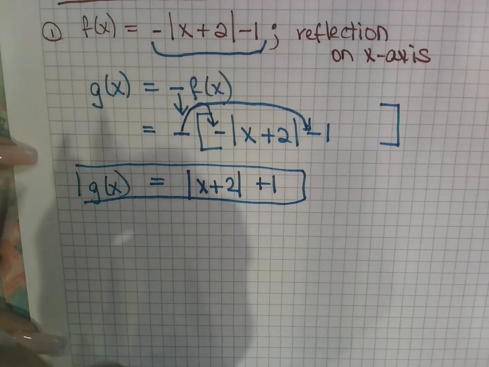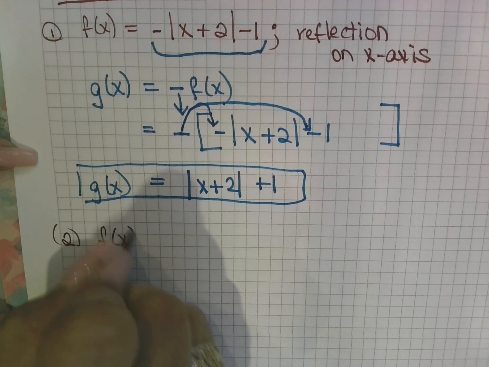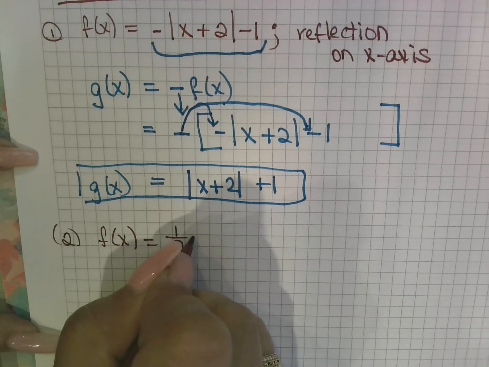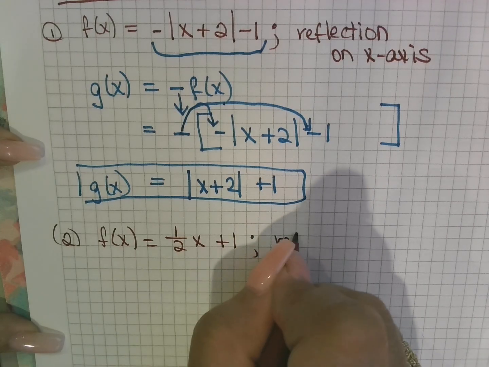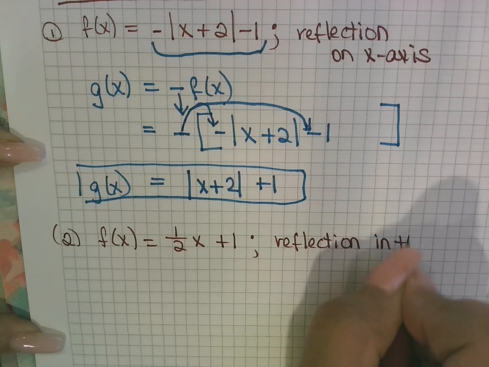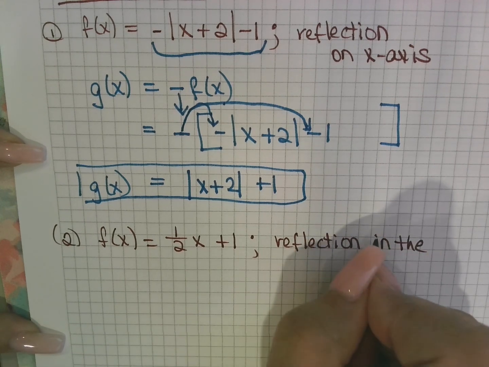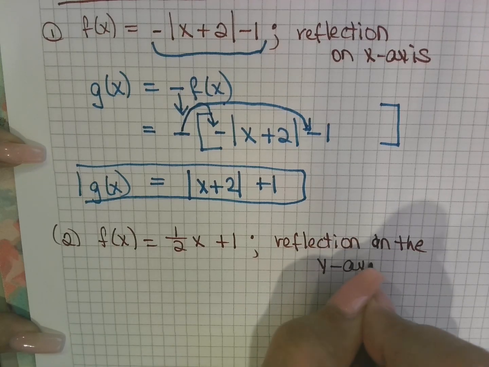All right, now we're going to look at this one. Here, f of x equals 1/2 x plus 1, and you want a reflection on the y-axis.